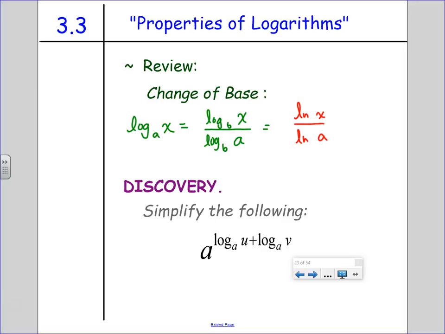Or they could use the common log button of x over common log of a. And technically we could do that with any base and make it log base 3 of x over log base 3 of a. So these are just specific examples of using this property. Okay, change of base. We're just going to need that at some point today.